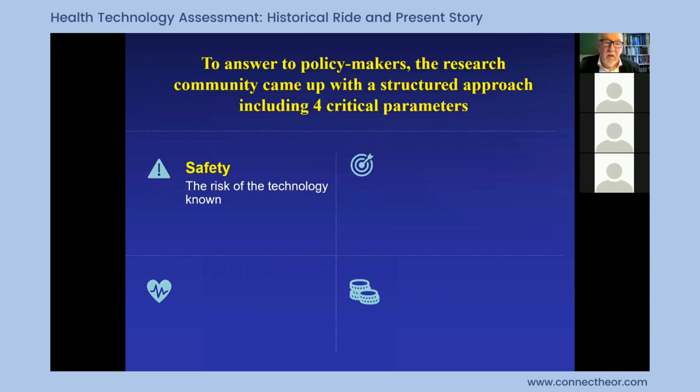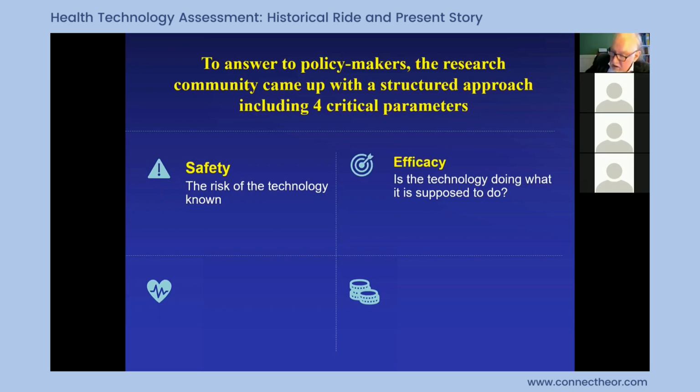Well, here are the 4 cornerstones, as OTA called them, when they published the first reports. Safety is that the risk of the technology is known. If we know the risk, we can make judgments about whether it is worth taking or not. But we have to have some kind of safety, that the risk of the technology is known. Efficacy is a question about whether the technology is doing what it is supposed to do.